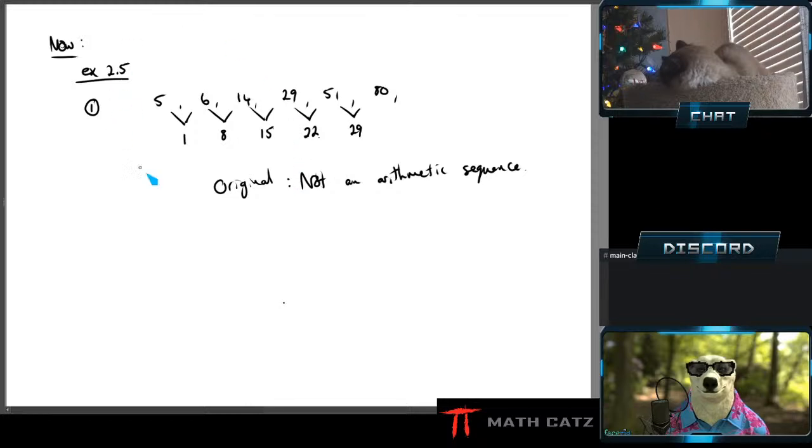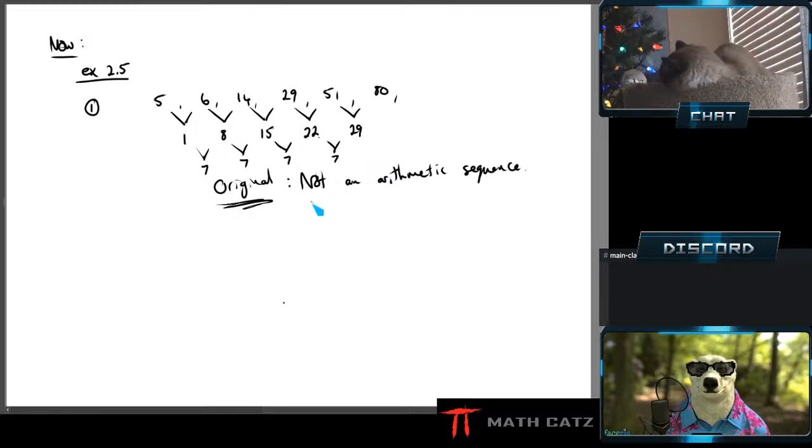However, we're not completely lost here, because when we look at what I'm adding and see that as a sequence, then I can see, well, I'm adding 7, and I'm adding 7, and I'm adding 7, and I'm adding 7. So there is an arithmetic sequence deeper down once I start looking.